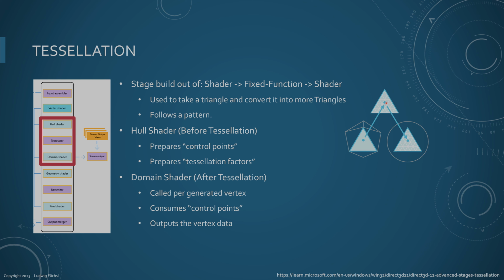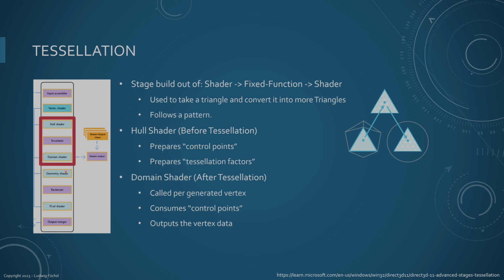So it consumes these control points to know how to modify the vertices, and at some point it's finished and outputs the vertex data. The vertices that have been generated are now transformed by the domain shader, and it outputs them so that they can continue flowing through the pipeline.